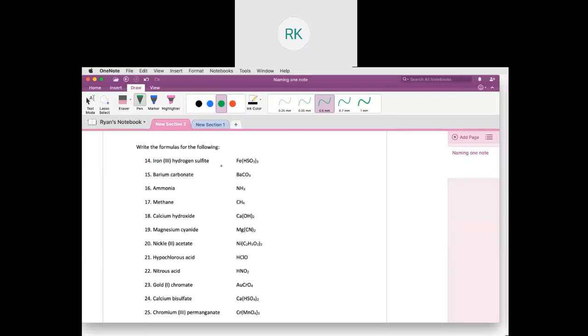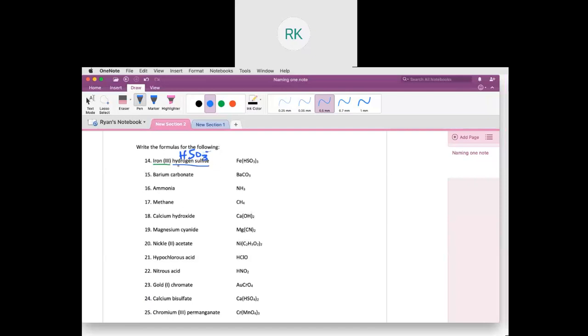Okay, so iron is Fe, and we know it has a charge of 3+, which must be counteracted by our hydrogen sulfite. So our formula for hydrogen sulfite is HSO3, and it has a -1 charge.